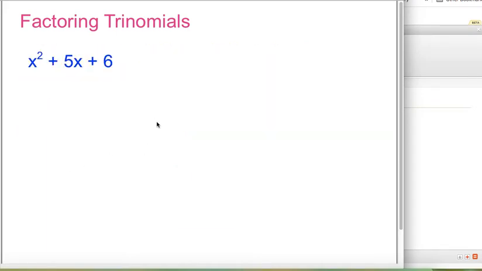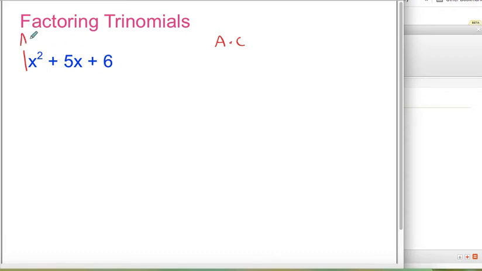Here is a trinomial. When you're factoring, the first step, in order to make it always feel like you're doing the same process every time, is to think about what your A value is and what your C value is. You want to take A times C, which if it's in standard form, that's the first thing you should do. Put it into standard form, which has the highest power first, then the second highest, and then your constant.